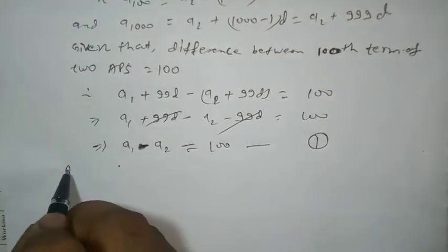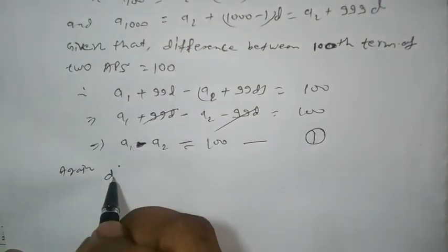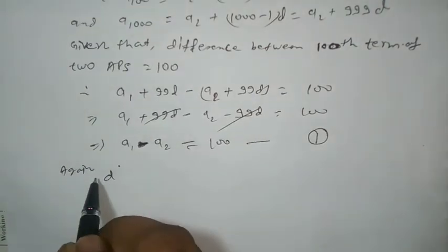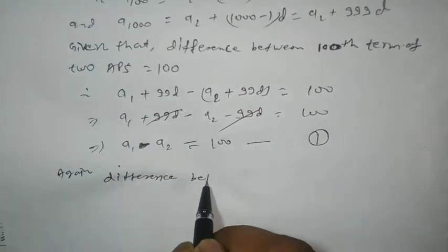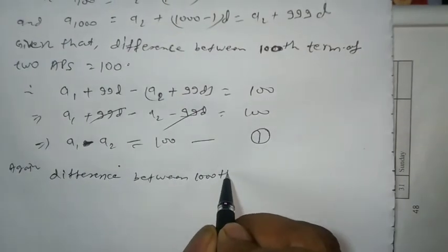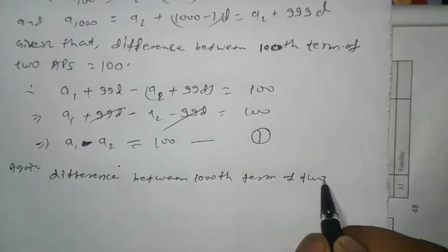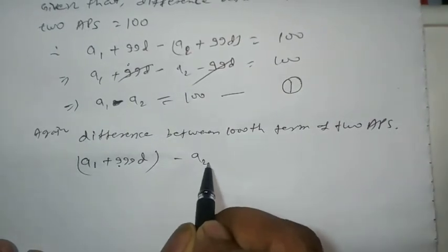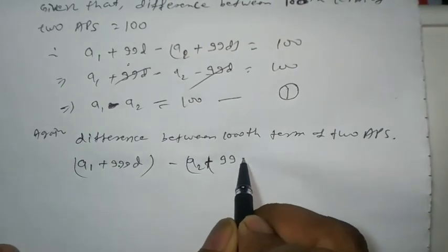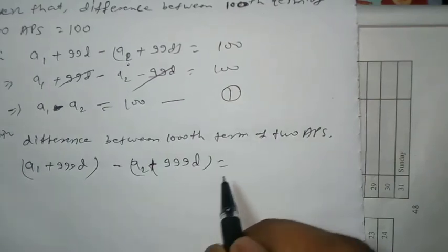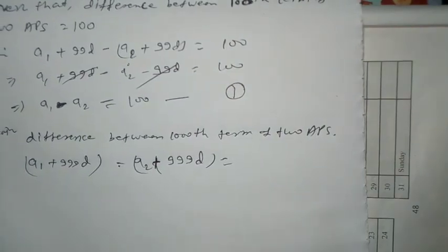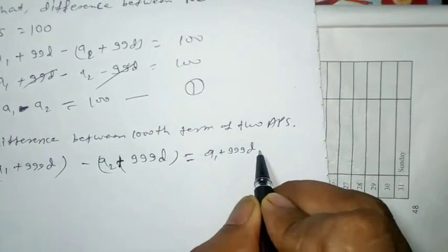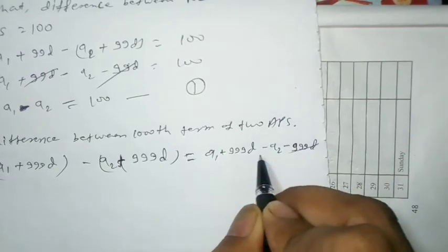Again, the difference between the 1000th terms of the two APs is A1 plus 999D minus A2 plus 999D, which is equal to A1 plus 999D minus A2 minus 999D. 999D cancel.